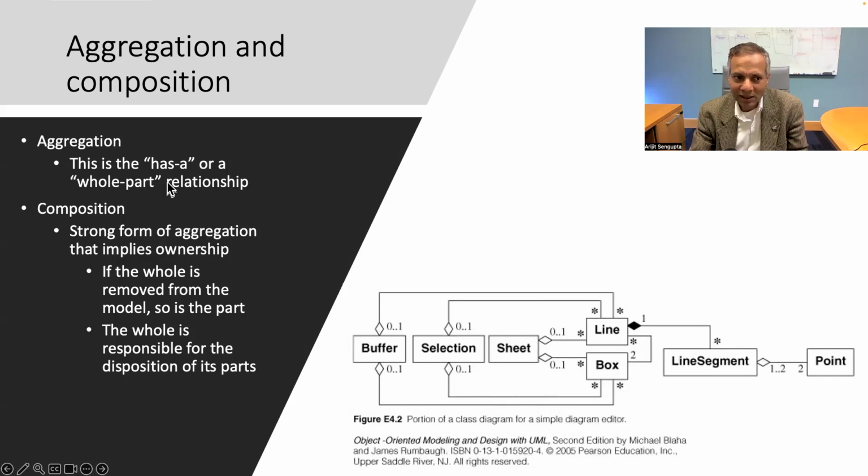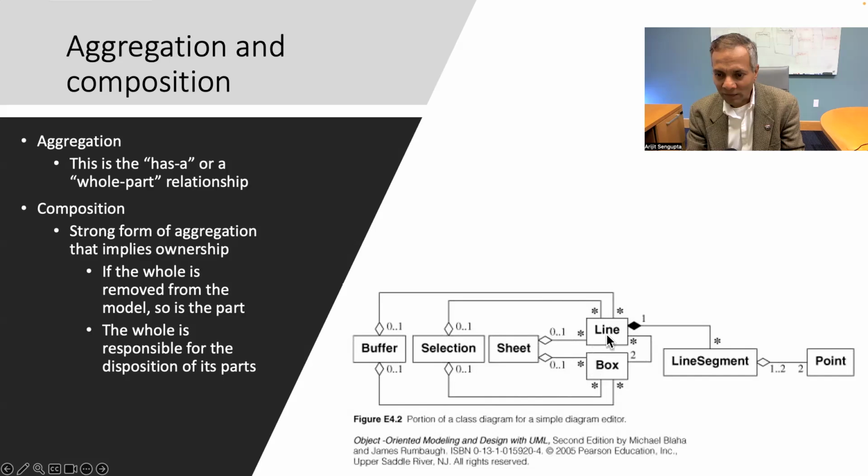Aggregation is essentially a whole-part or has-a relationship. For example, this is like a graphics system. You could have a sheet which has a bunch of lines drawn into it. So this sheet is composed of these lines and the boxes that are created in there, right?